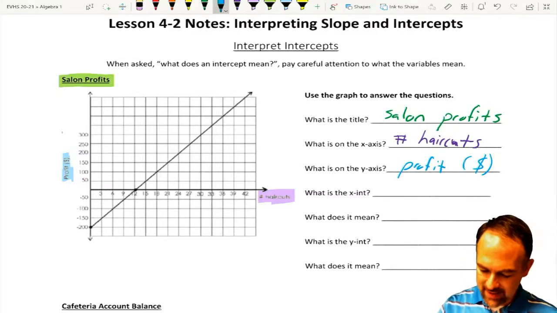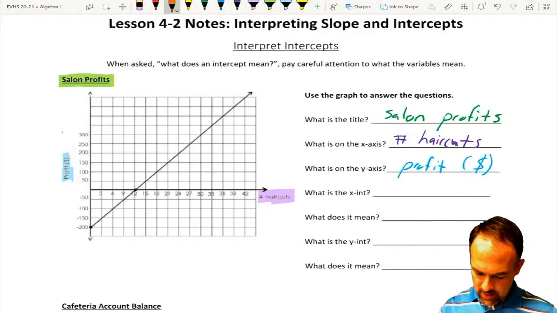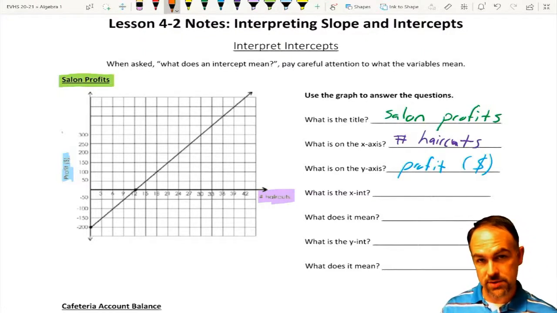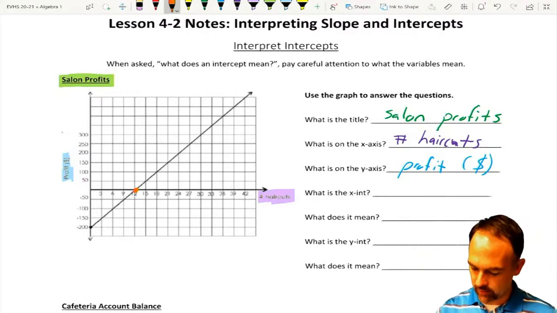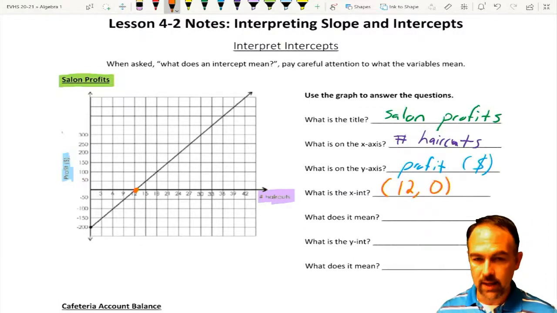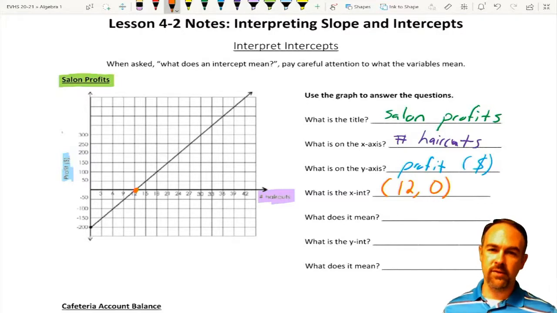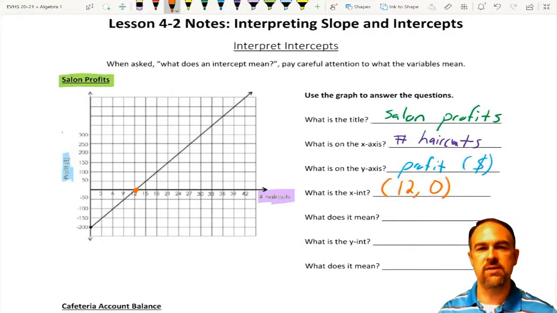Okay, what is the x-intercept? The x-intercept, of course, is the place that crosses the x-axis. That's where y is 0. I can trace this along until I get to y equals 0, which happens right here. So I've got the coordinates (12, 0). And now remember, we've always got to be thinking about what each of these numbers means.